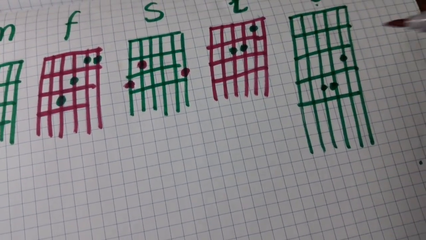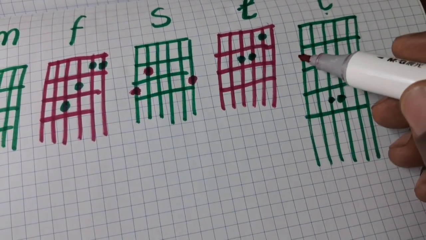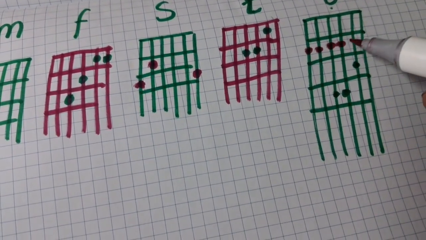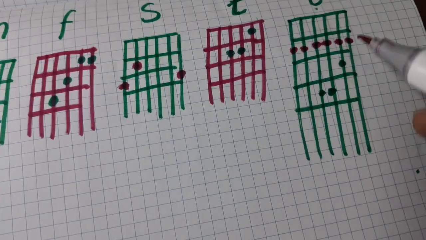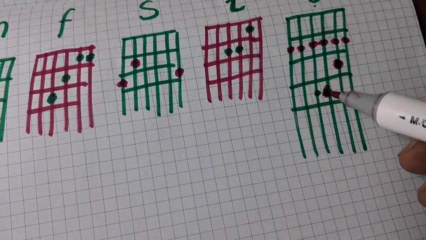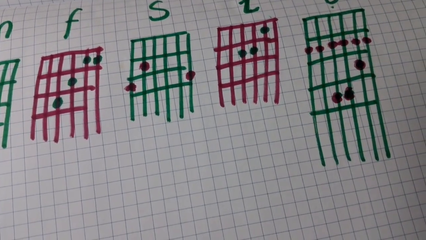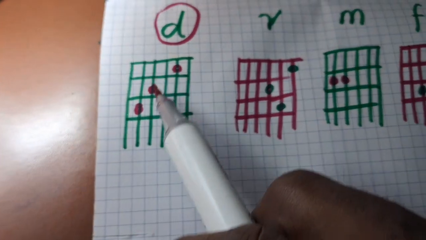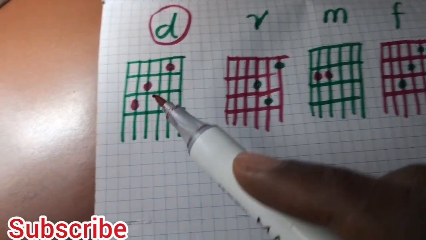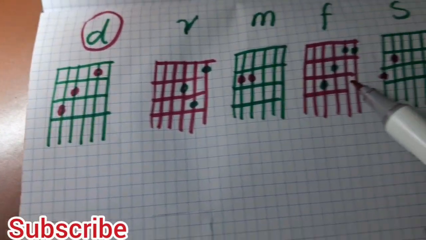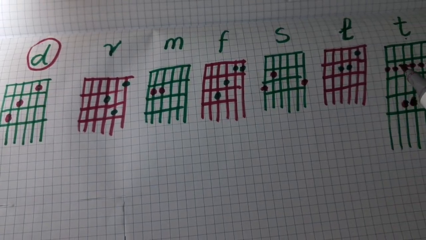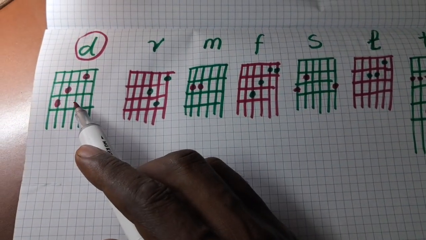It's just an extension of. So it's a bar chord. This is our ti. And of course, we are back to do. So this is do, re, mi, fa, sol, la, ti, do.